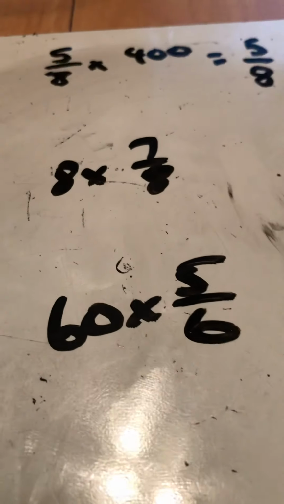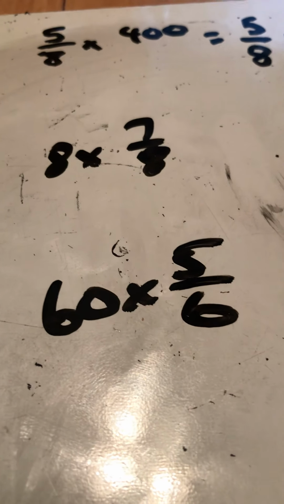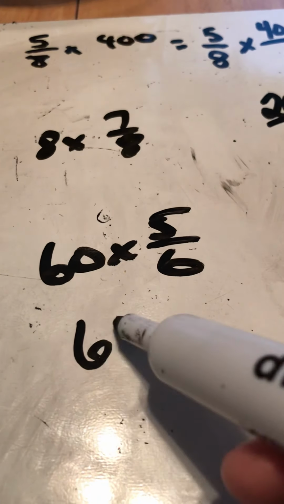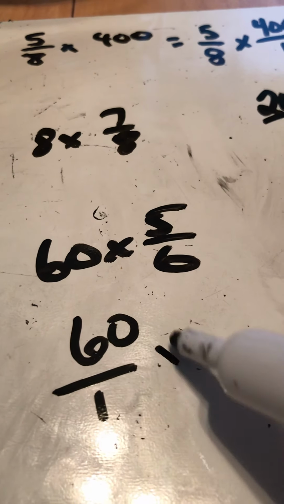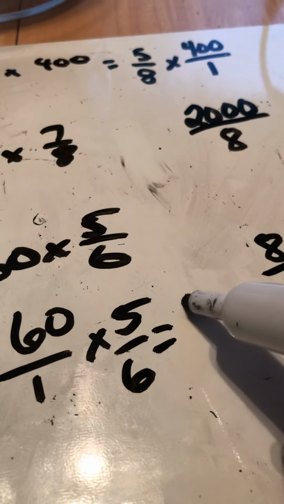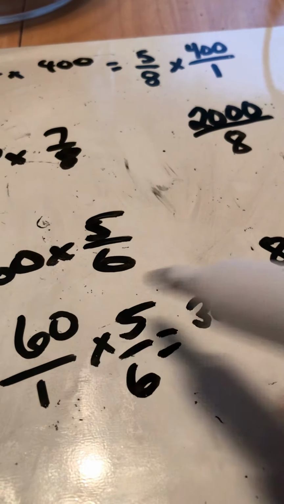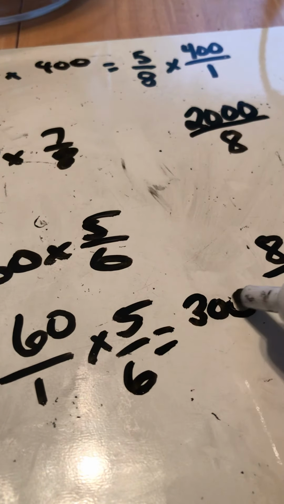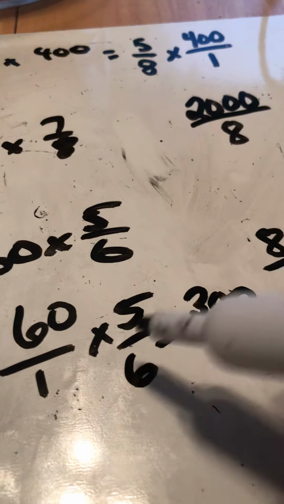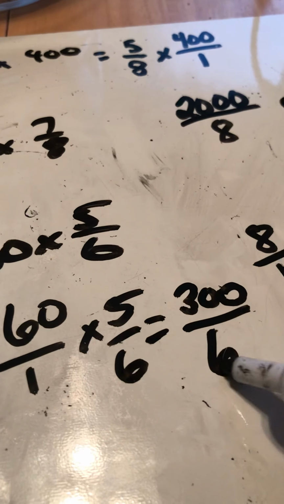Now we have this one, 60 times 5/6. So if we do 60 over 1 times 5/6, we end up with 5 times 6 is 30, plus the 0, of course. So it looks like 300, and then 1 times 6 is 6.